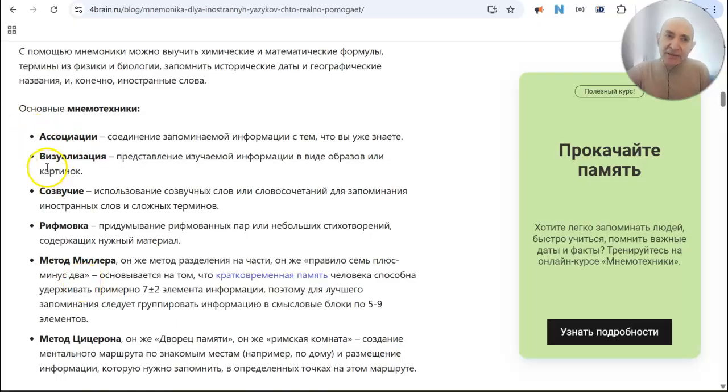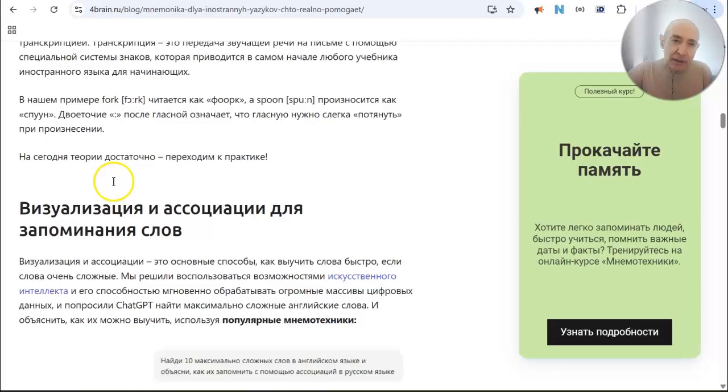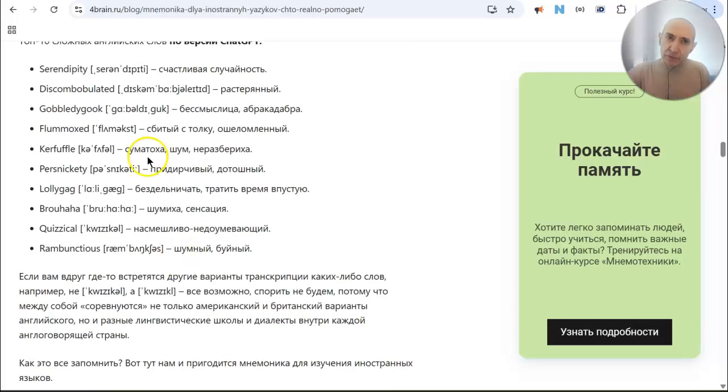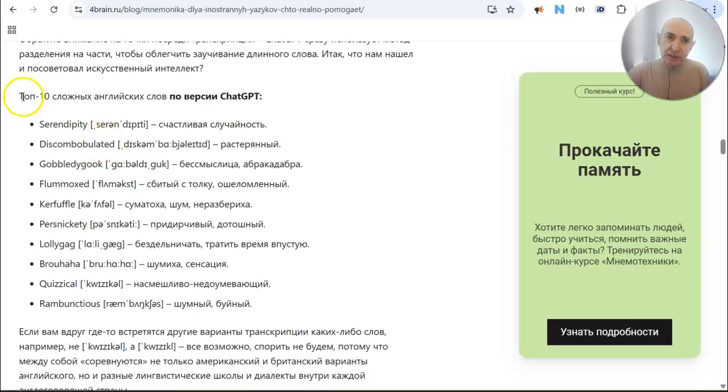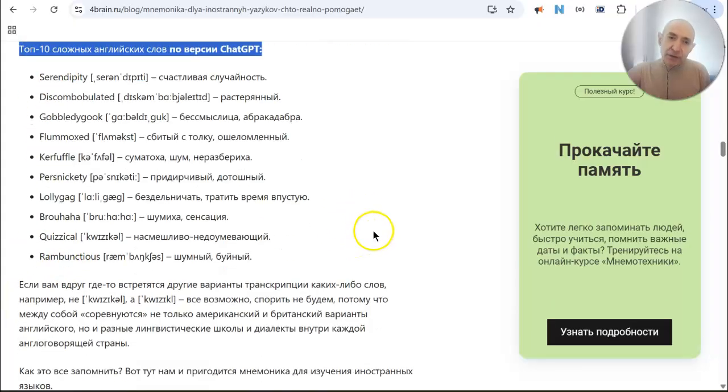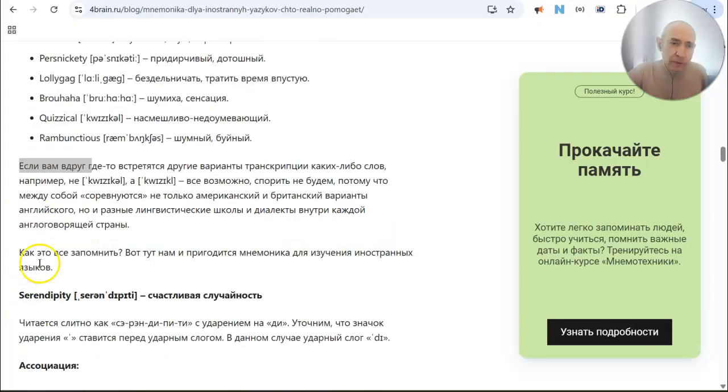You remember association, visualization, etc. And then they said that they actually asked ChatGPT to give 10 very difficult words in English. We will skip this part and start after that, because obviously, if you're an English-speaking person, you will know those words. So that's fine. We'll start today from here, guys.